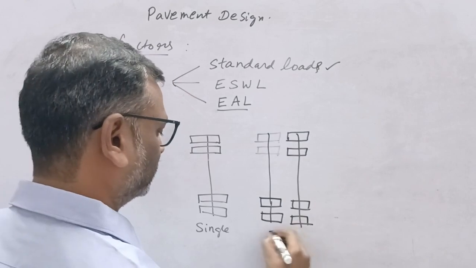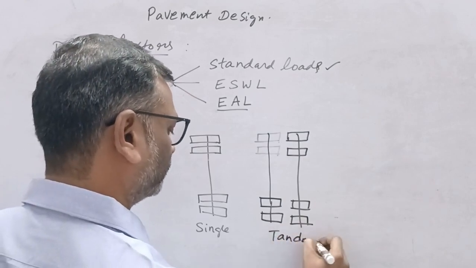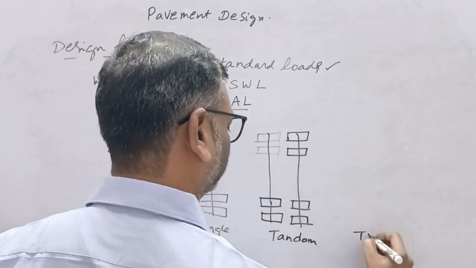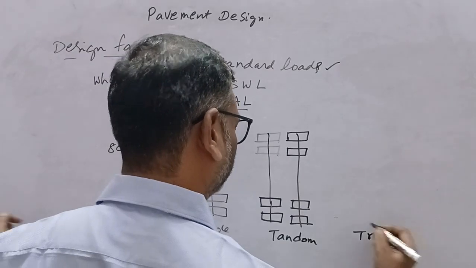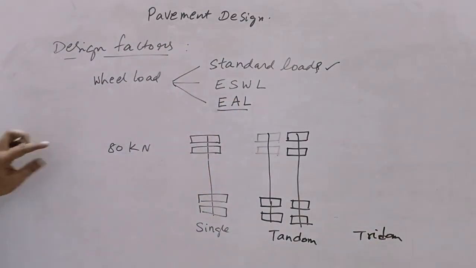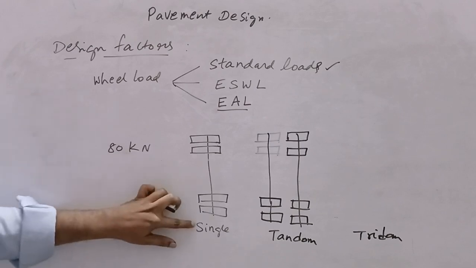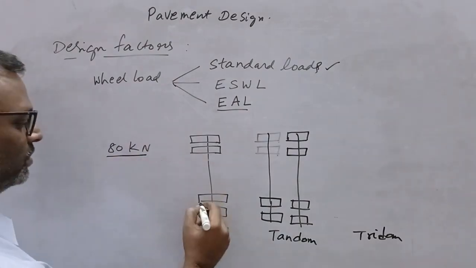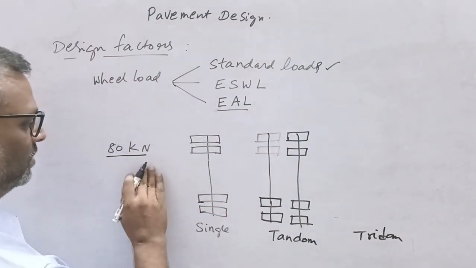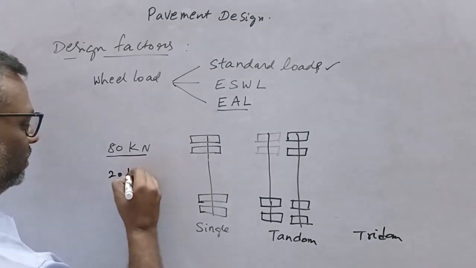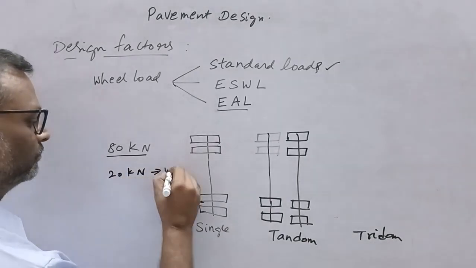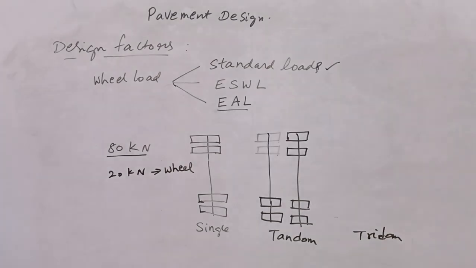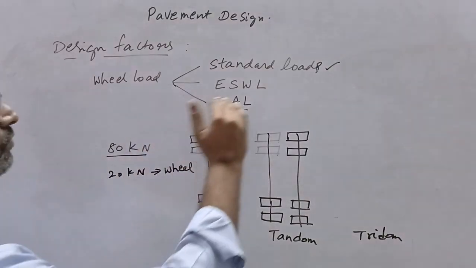Then this is tandem, and similarly we have tridem, three of these. Generally we take 80 kilonewton as the standard load, meaning 20 kilonewton on each wheel, right? So what is single wheel load?